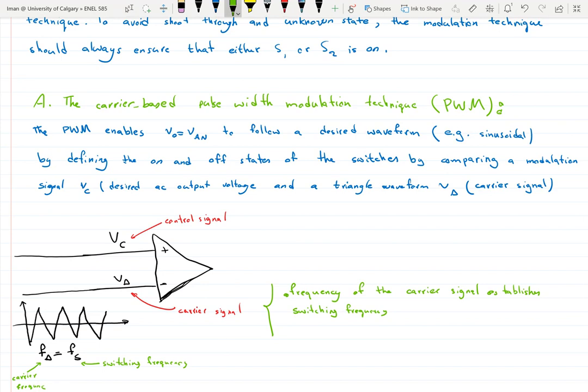And another thing is that V delta, we didn't define V delta. V delta is basically the peak magnitude here, V delta. And F delta are generally kept constant. So how do we do our regulations? Basically by changing the control signal.